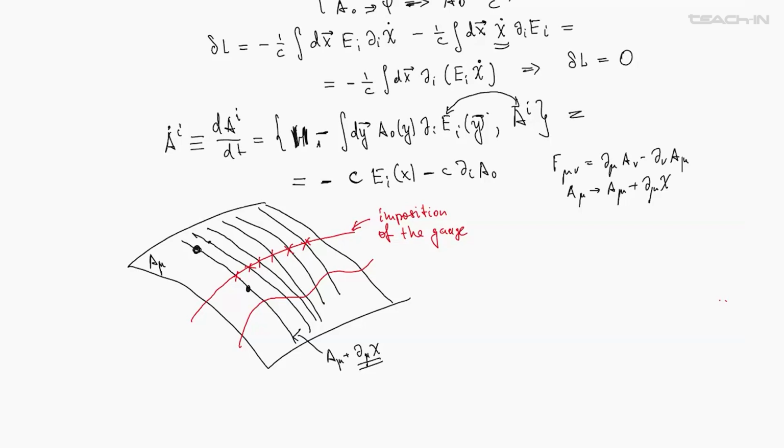Coulomb gauge condition. The Coulomb gauge consists in the imposition of divergence of A equal to 0. So this is a condition imposed on the potential.